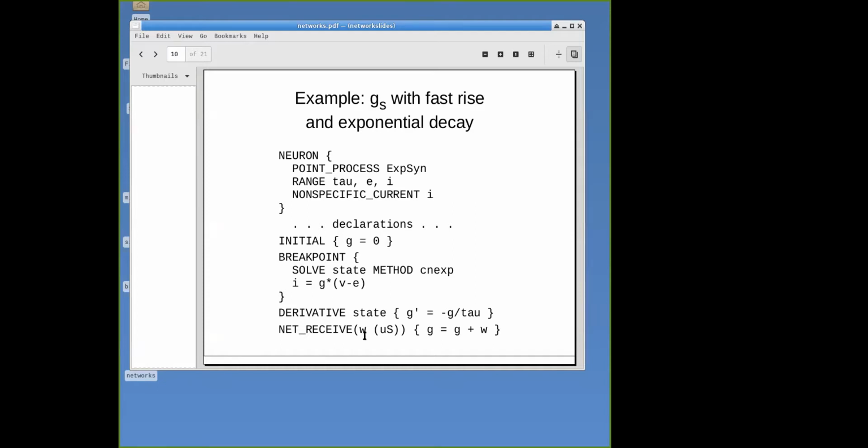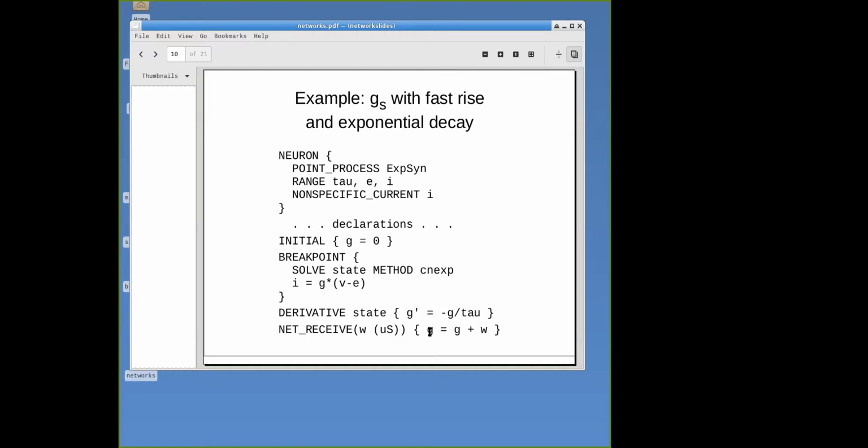If an input event arrives, and the netcon has a vector of which we're only using the first element, that first value is going to be interpreted as this value W.